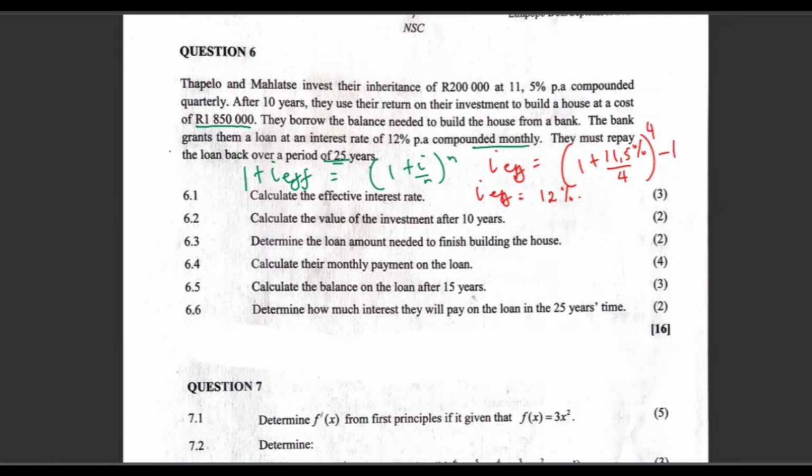Then calculate the value of the investment after 10 years. This is a lump sum, which means our A is P into 1 plus i to the exponent of n. That's 200,000 into 1 plus, let's use the original, 11.5% over 4, to the exponent of 10 times 4.